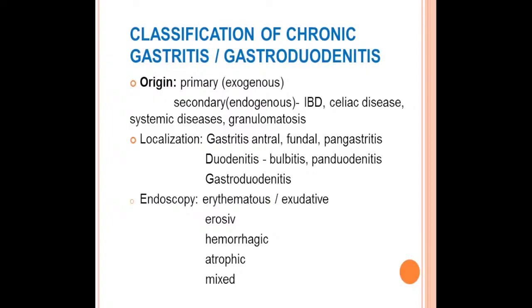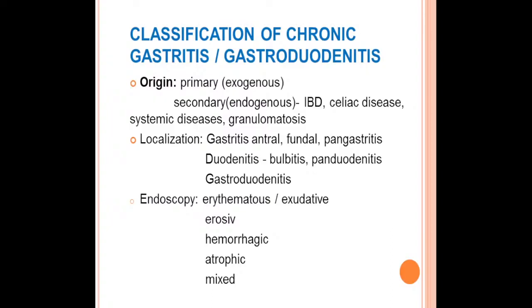Secondary gastritis is gastritis provoked by endogenous factors. It is all autoimmune diseases, connective tissue diseases, or diseases with abnormal digestion of food, for example inflammatory bowel diseases, Crohn's disease or ulcerative colitis.